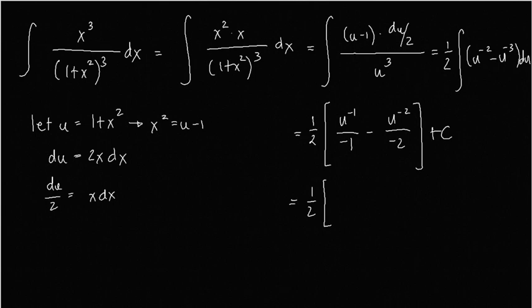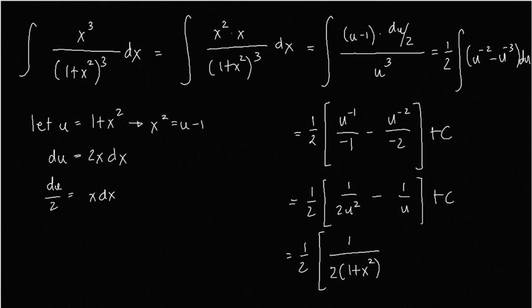We have 1 over 2u squared minus 1 over u plus c. Right? So we have 1/2 times what? Okay, our u is equal to 1 plus x squared. So we have 1 over 2 times the quantity 1 plus x squared squared minus 1 over 1 plus x squared plus c.